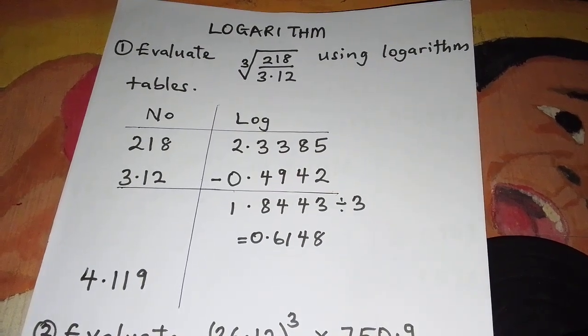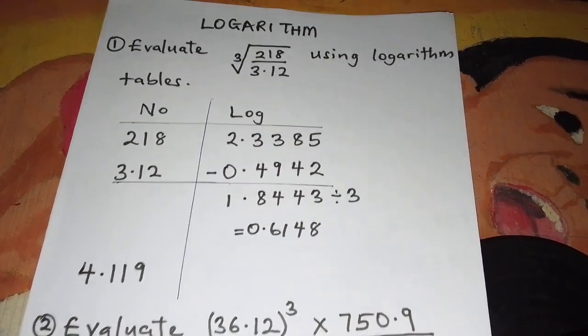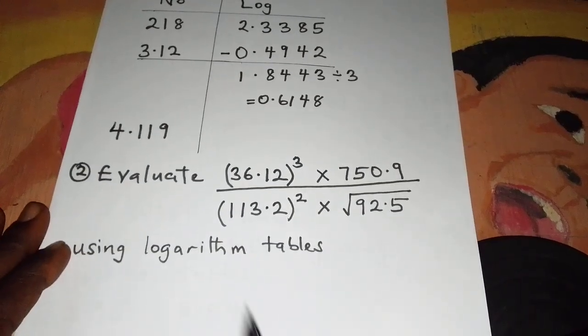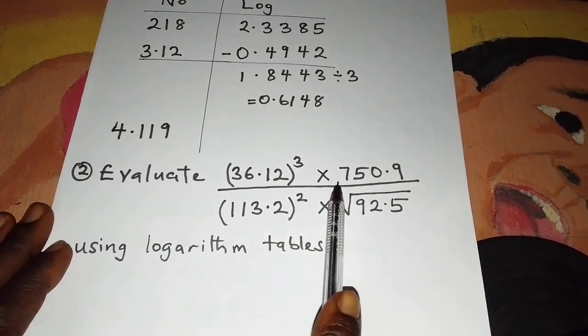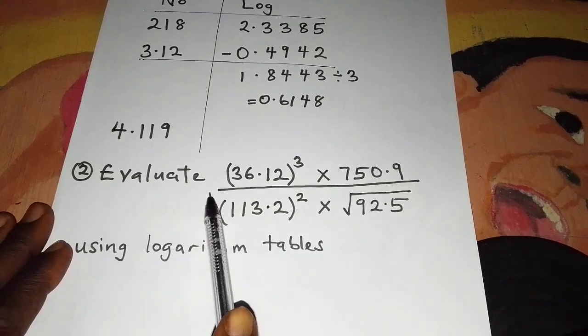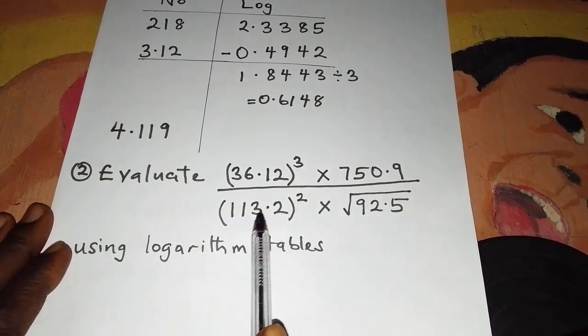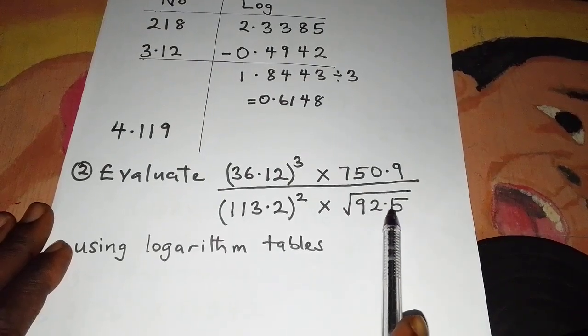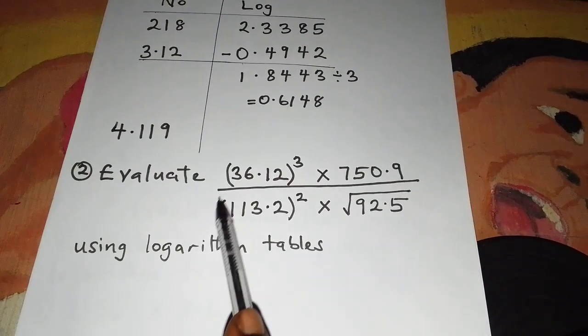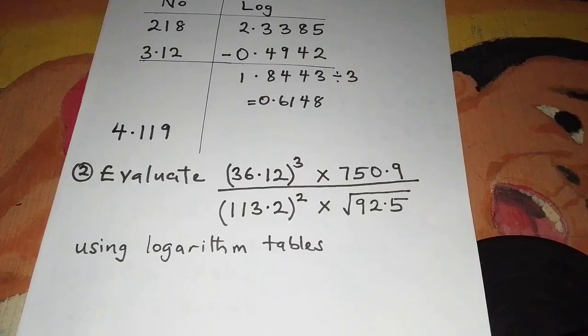Now let's look at another example. You are given: evaluate 36.12 cubed times 750.9 over 113.2 squared times the square root of 92.55. Now this is what you are going to do.